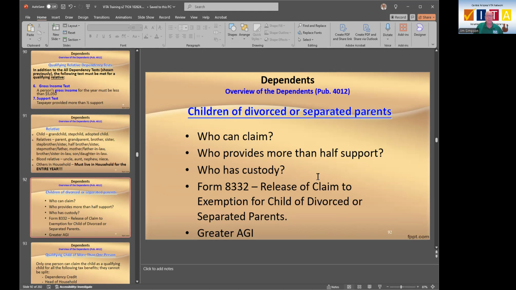If the child lived with one parent for more than 6 months, they are the custodial parent, and they get to claim the dependency exemption unless they release that exemption. They do that with Form 8332. And then the non-custodial parent who is claiming the kid has to attach that to their return.